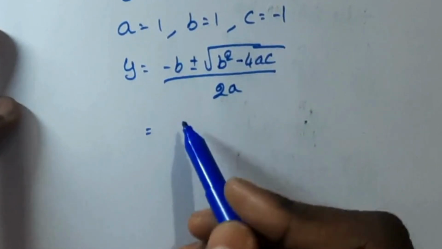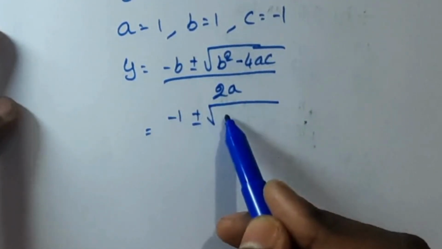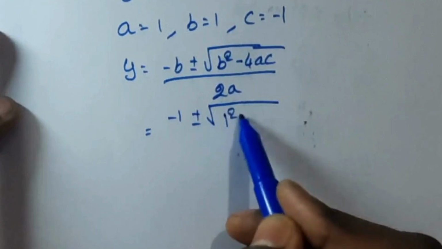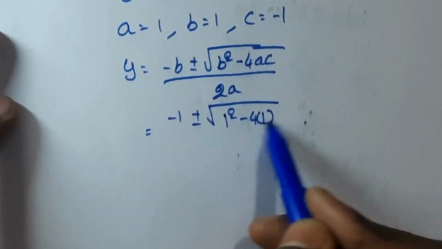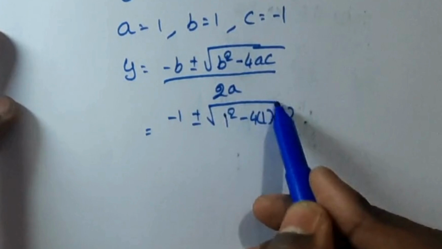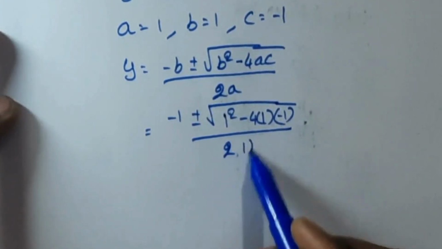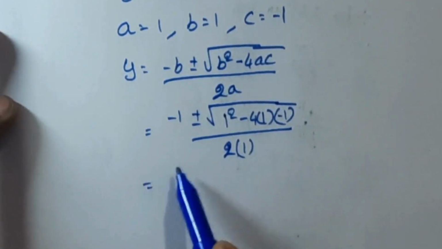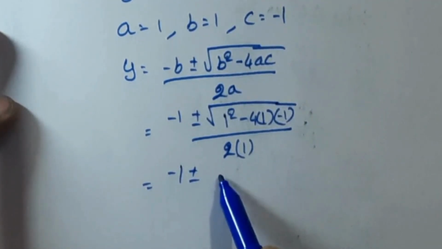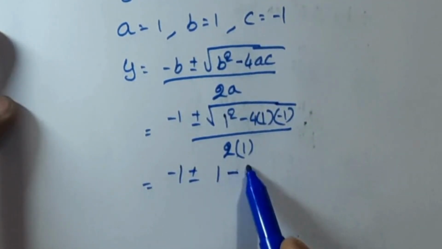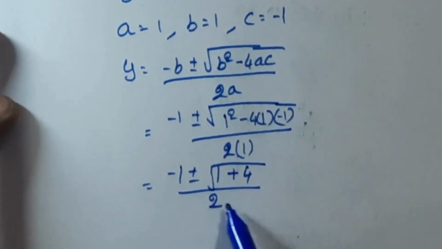Now equal to minus 1 plus or minus square root of 1 square minus 4 into 1 into negative 1, by 2 into 1. So we have minus 1 plus or minus, here it is 1 value, plus 4 within the square root, by 2.